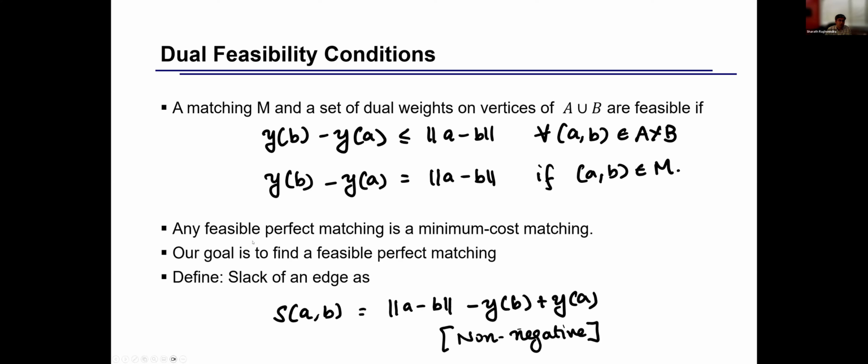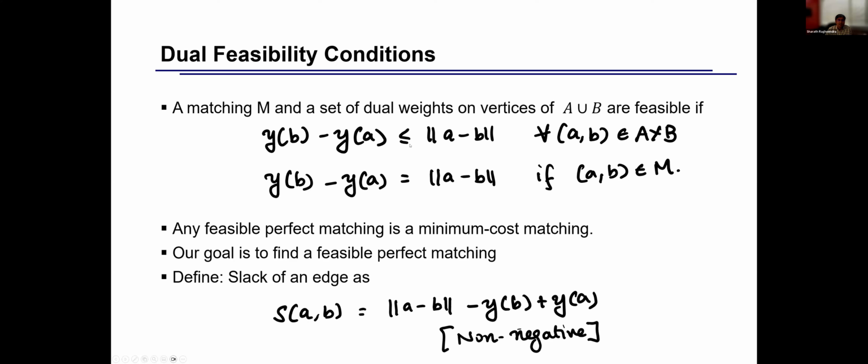It's well known from linear programming duality that a feasible perfect matching, being one where every point is matched, is a minimum cost matching. And our goal, therefore, as in most of the algorithms that work in this space, is to find a feasible perfect matching. In other words, find a perfect matching that satisfies these conditions. A useful definition is that of slacks.